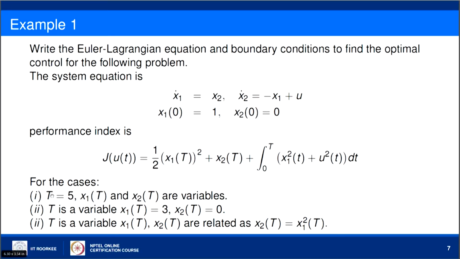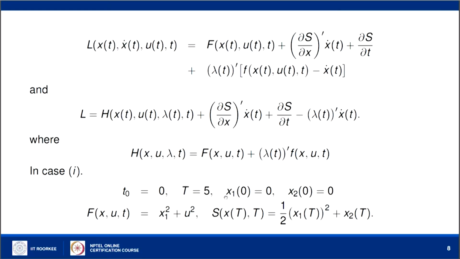Case 1, T is fixed, that is 5, and the final positions x1 of capital T, x2 of capital T are variables. Case 2 and case 3 are different cases. T is a variable and the final position is fixed in one case. In the second case, the final position is also a variable. So, we see how to solve this optimal control problem.